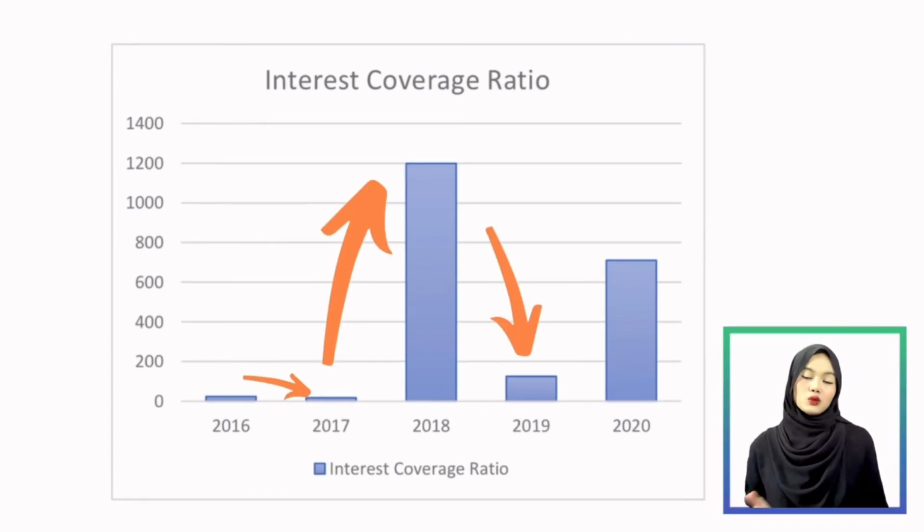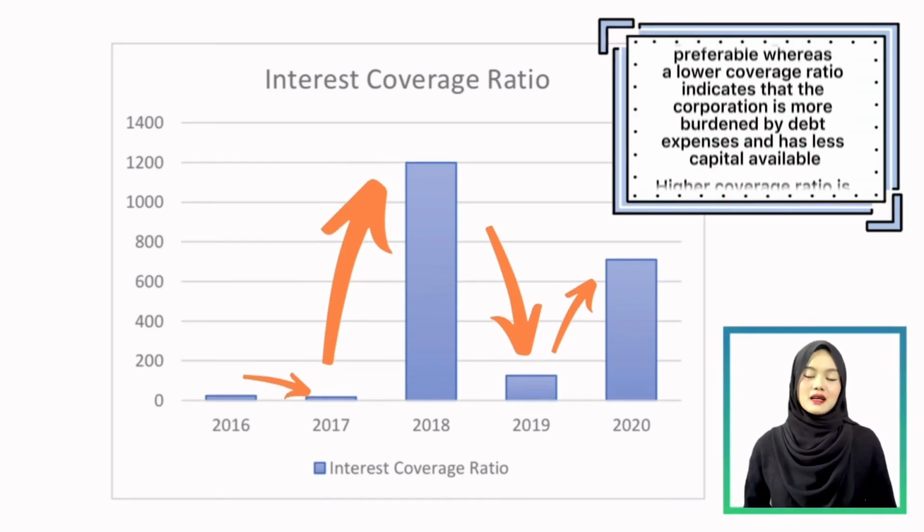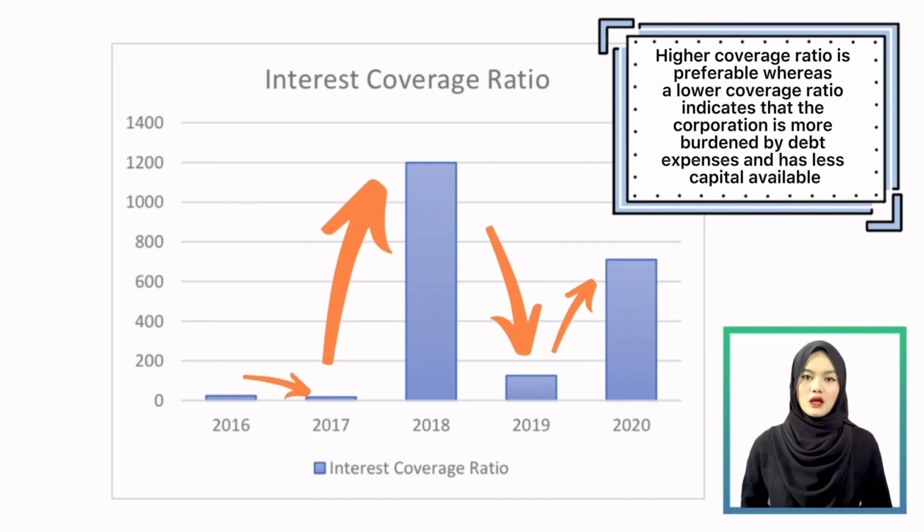Even though in 2019 the ratio decreased, it increased in the following year, which can be considered as a good performance of interest coverage ratio. In general, a higher coverage ratio is preferable, whereas a lower coverage ratio indicates that the corporation is more burdened by debt expenses and has less capital available.